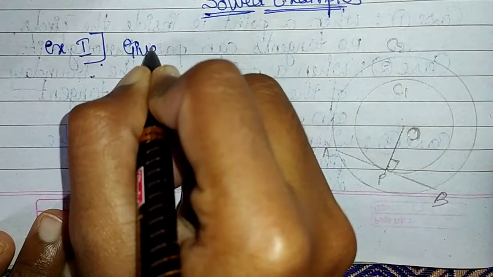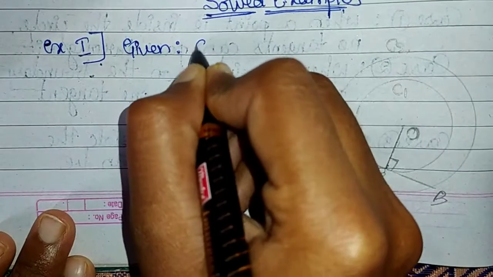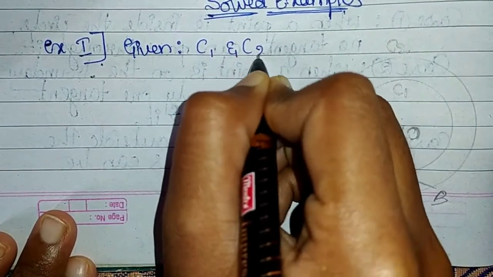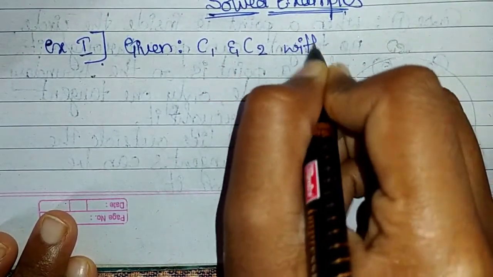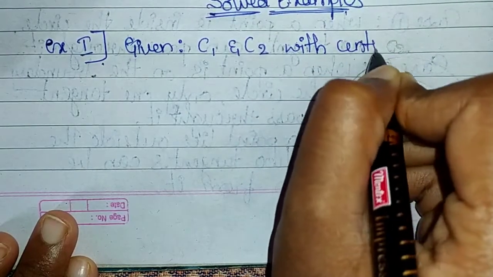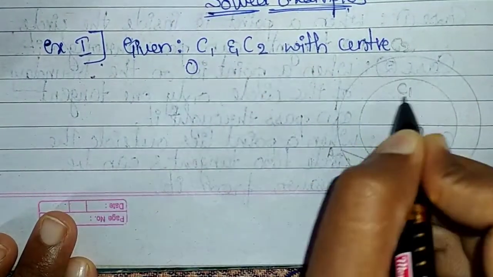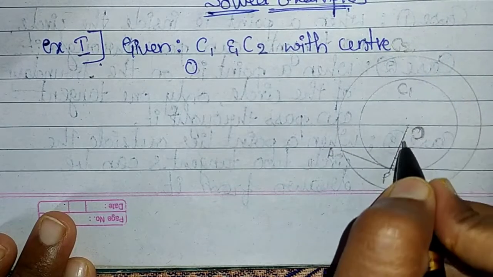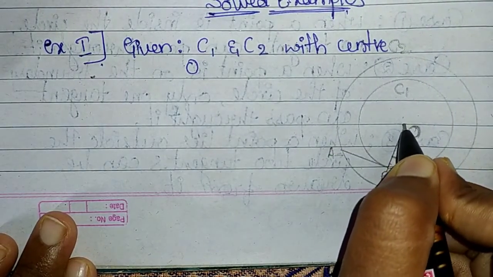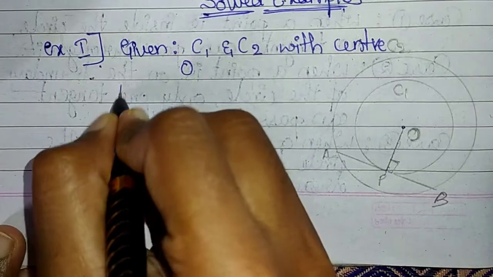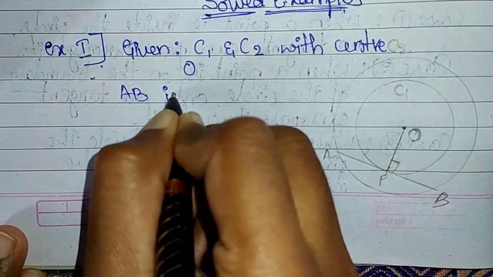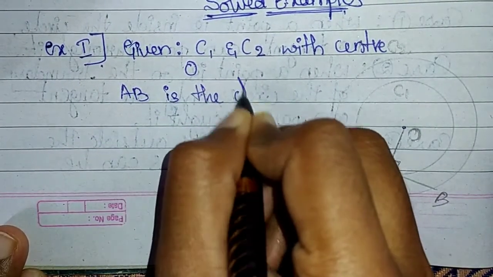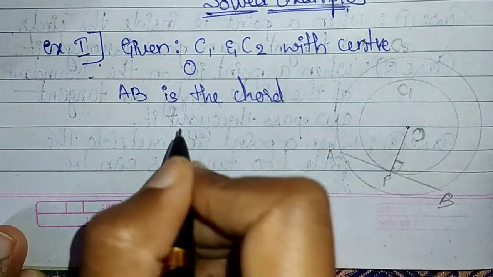Here given circle 1 and circle 2 with center O. So C1 and C2 are our two circles with center at point O. Now AB is the chord of the larger circle. The larger circle here is C2.